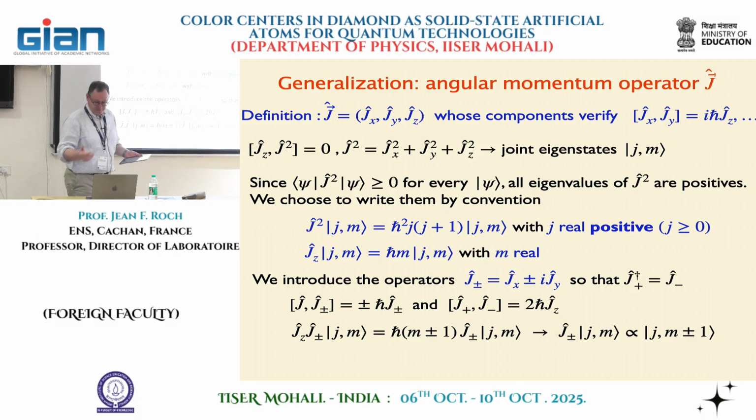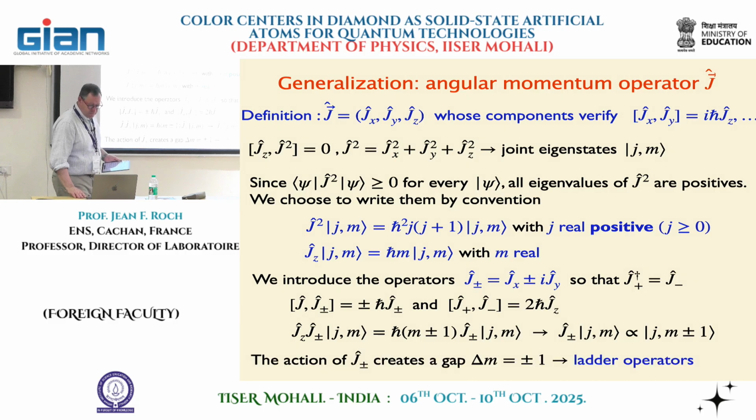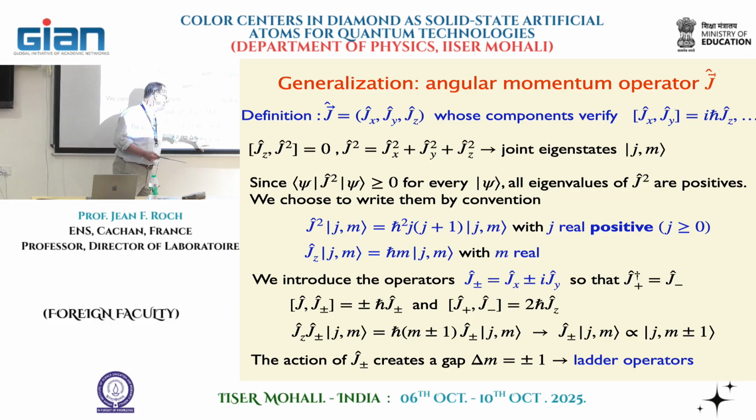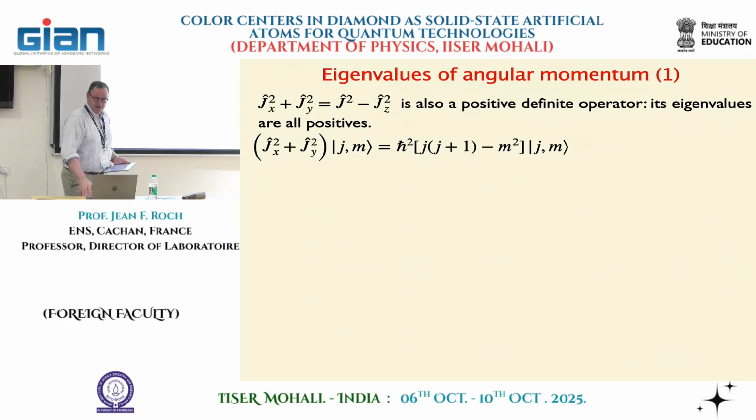You find that in every quantum mechanics lecture. The action of these ladder operators creates a gap of delta m equal to plus or minus 1, and that's why we call them ladder operators. Now I will use them to demonstrate some properties of the two main parameters j and m.